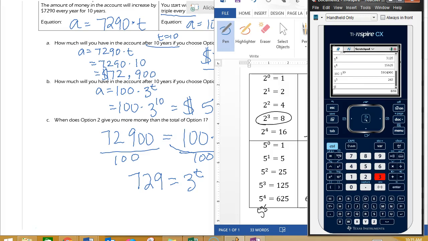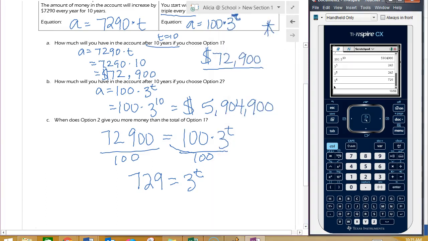Let's see, 3 to the 5th power. Oh, I already did that one. 3 raised to the 6th power. 729. Perfect. That's what I needed. So I can rewrite this left side of 729 to be 3 to the 6th power, set equal to 3^T.